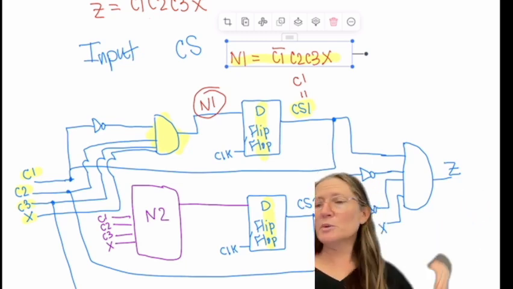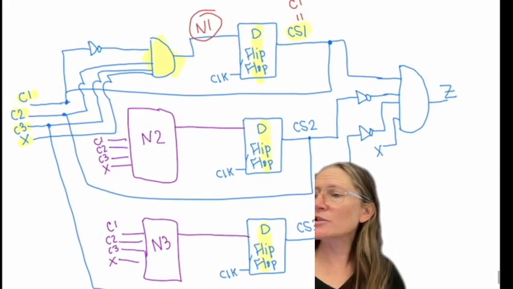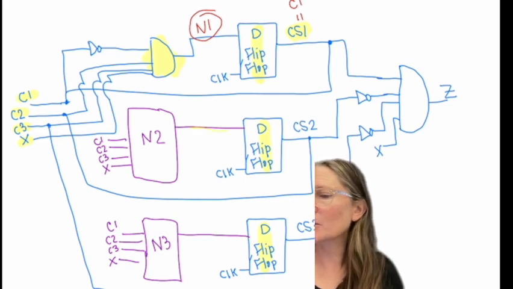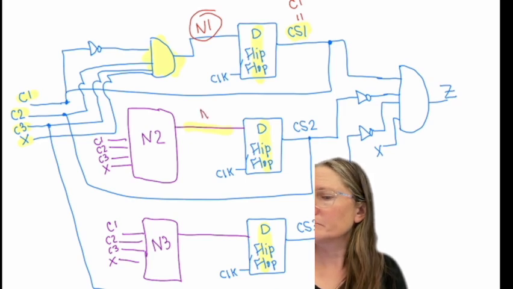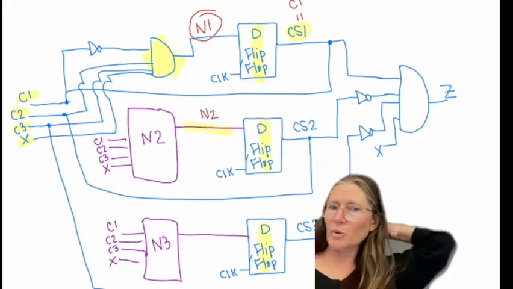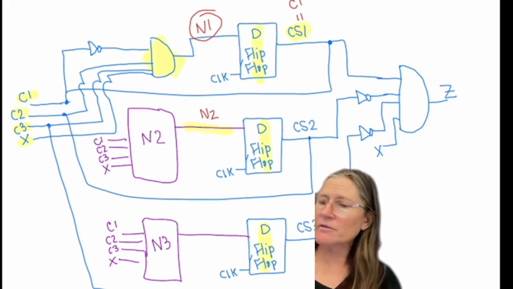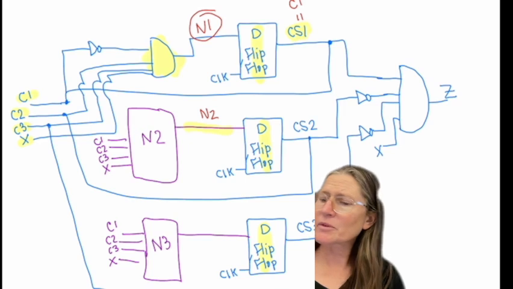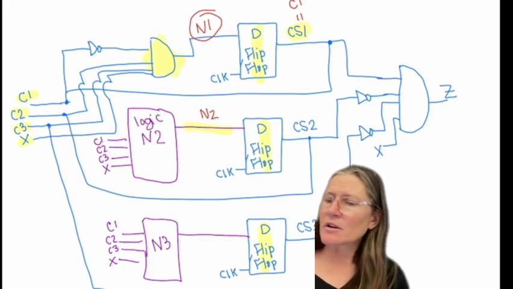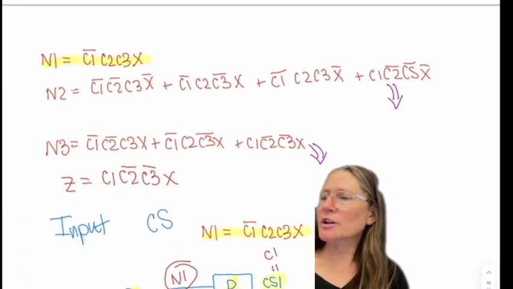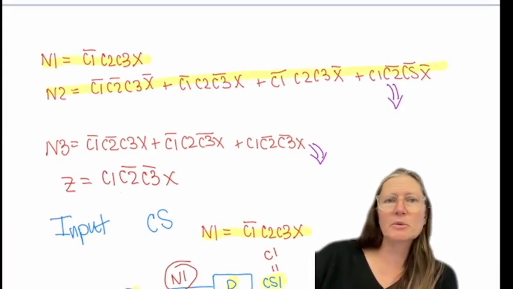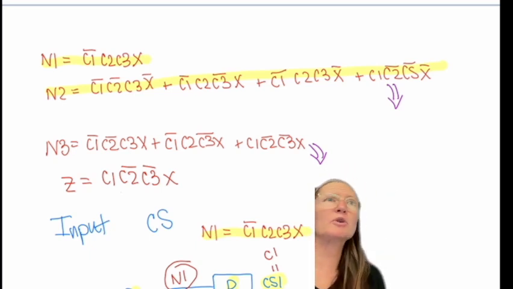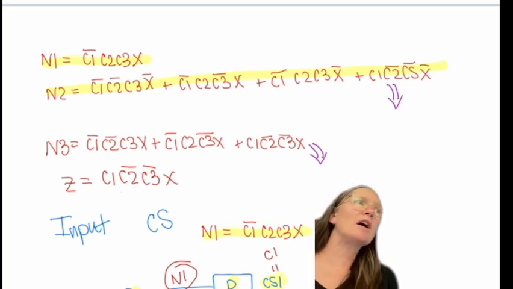So the next one would be to give me N2, which would be here. So this wire is going to have all the logic from that equation. So this logic here, I'm going to have 4 AND gates that are 4 inputs each, and then a 4 input OR gate in that box.